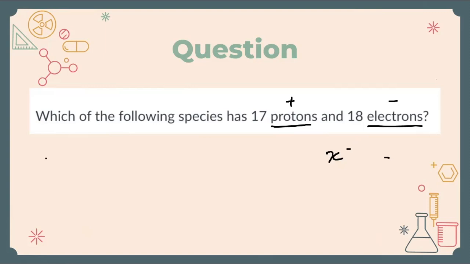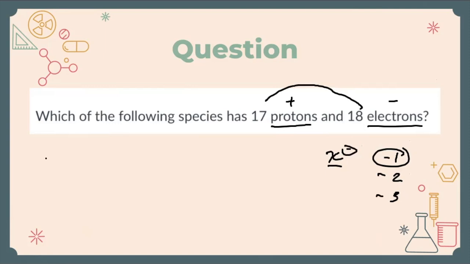Will it be -1, -2, -3? And the way to figure that out is ask yourself, what is the deviation between our protons and electrons? Just one. So we know we have a -1 charge. Now, you can omit that 1 and you can write it simply the chemical symbol with a negative charge like that.